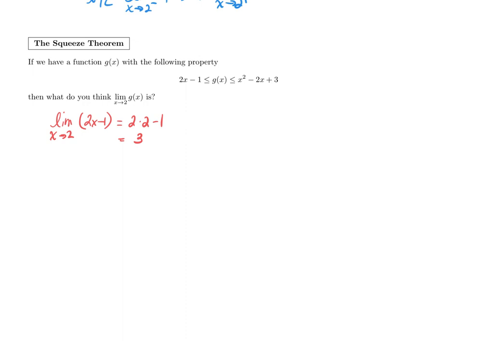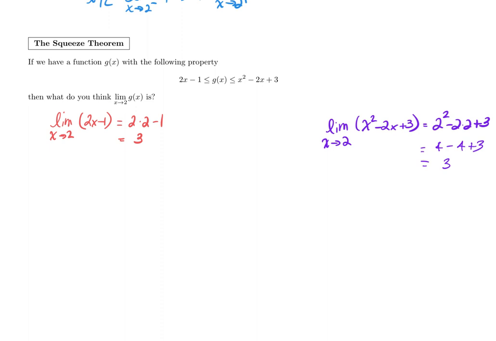On the other side, what is the limit as x approaches 2 of our quadratic, which again is a polynomial, so we can use direct substitution. We get 2 squared minus 2 times 2 plus 3, which gives us 4 minus 4 plus 3, which is 0 plus 3, or 3.